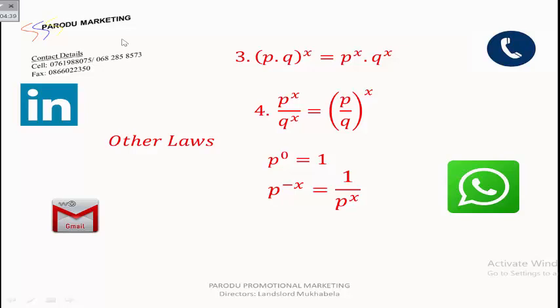That's another law that you need to note as we are doing your textbook from an exam's point of view. Also, 1 to the power of p is the same as 1. So 1 to the power of a million is 1, right?